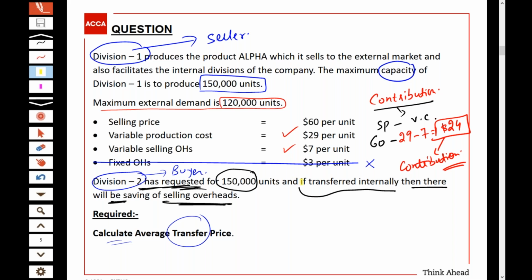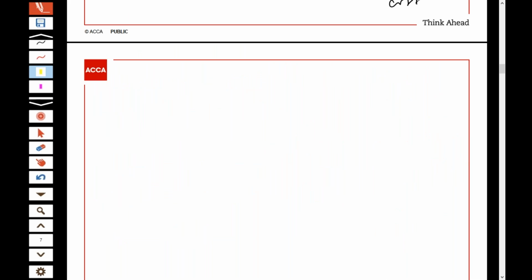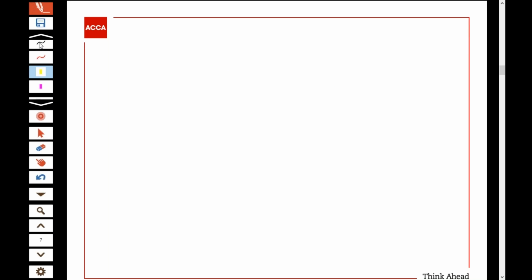Now it is written, if transferred internally, then there will be saving of selling overheads, which means when the product is transferred, selling overheads will not be incurred. It will be saved. Now listen, what was the formula to calculate the minimum transfer price? The minimum transfer price was calculated as relevant cost plus opportunity cost.